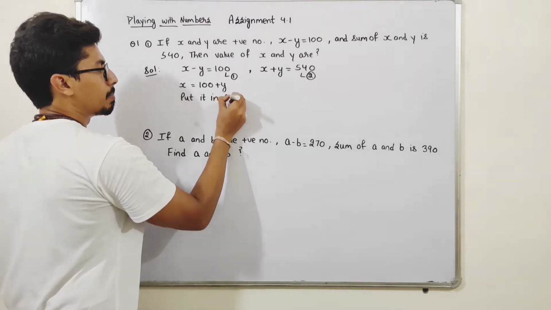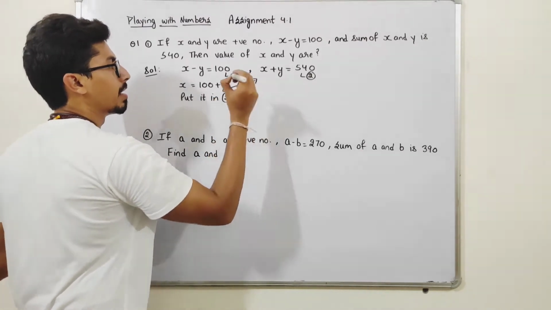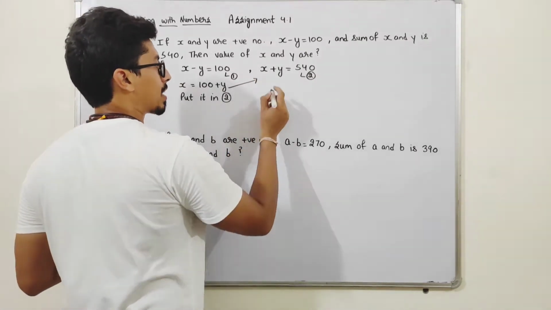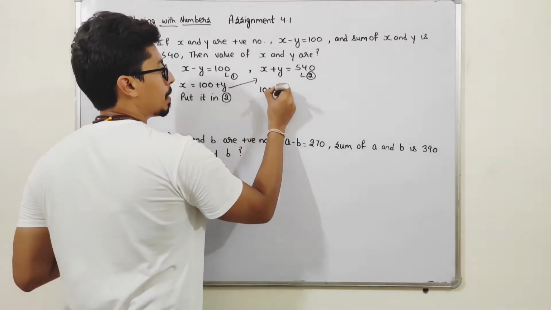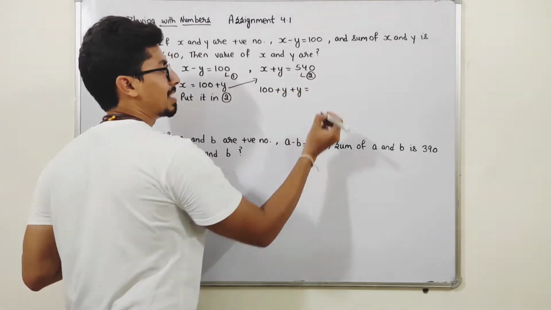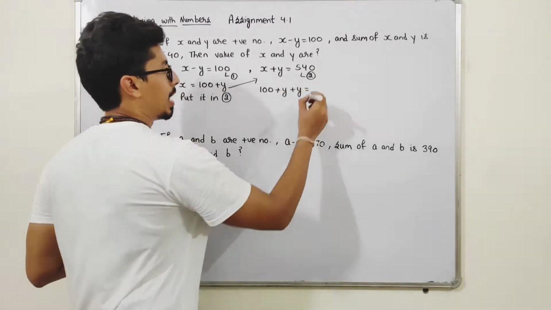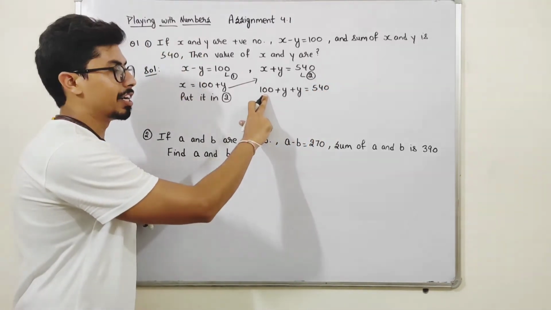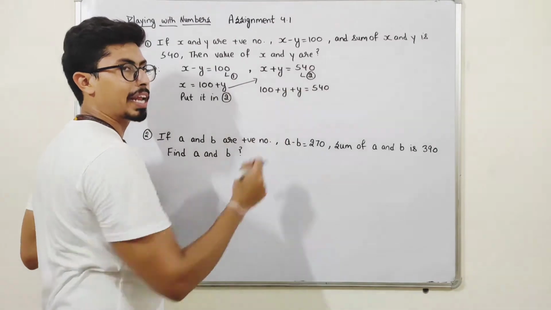Now put this x in equation number 2. x is 100 plus y, so put the value of x: it will be 100 plus y and the extra plus y as it is here, equals 540. 100 is positive; when it goes to the other side, it will be negative.